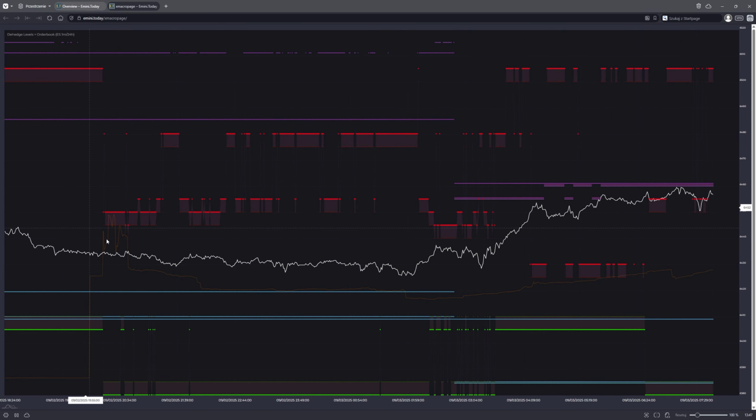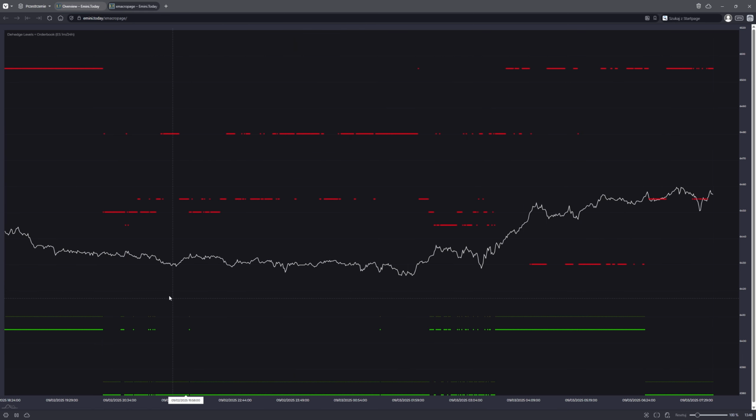Basically, for the resistance you have red, and for support you have green. I just decided to switch colors here so it's more intuitive. But as you can see, there are a bit more lines here. In this tool, I just added the order book tool, which we'll talk about in another video, and you know it well because it's been in eTTerminal for a long time.